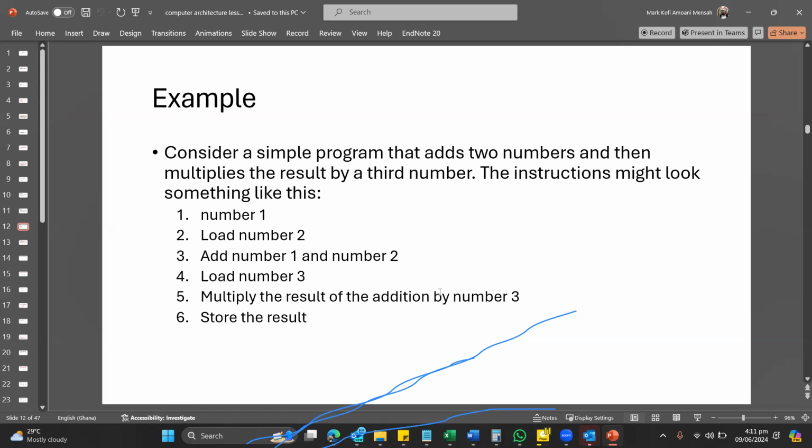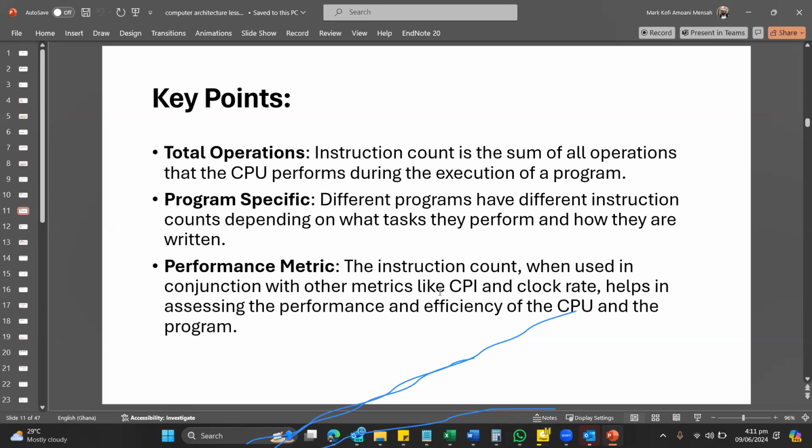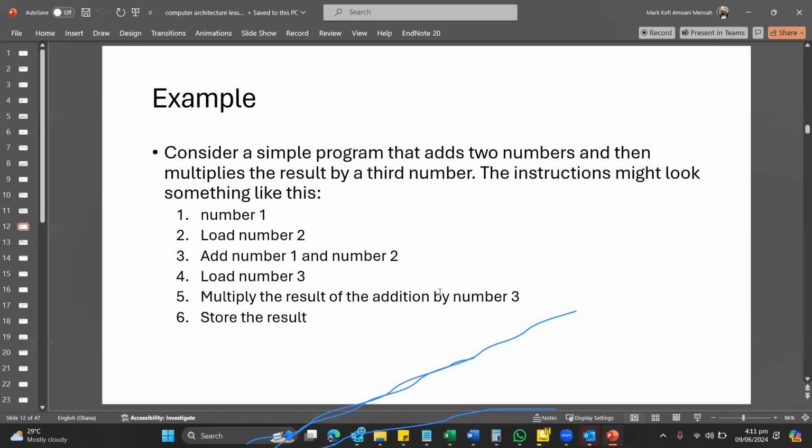Add number 1 and number 2? No, it is not. But multiply the results of the addition by number 3? No, it is not. Let's go back to the top here again. Instruction count is the sum of all operations that the CPU performs during the execution of a program. Let's come back here again. Which one of these is the instruction count?